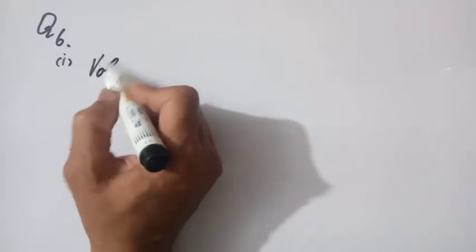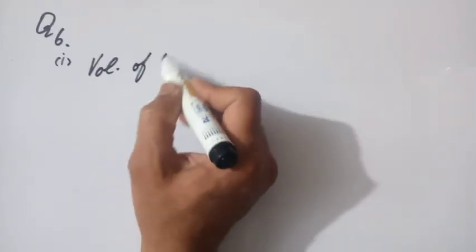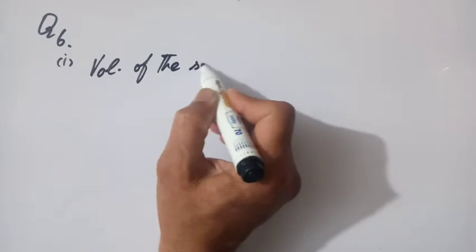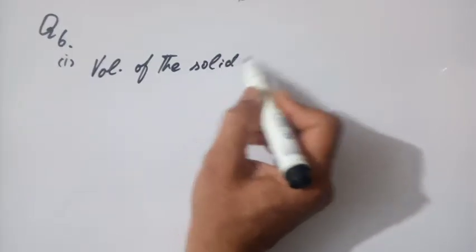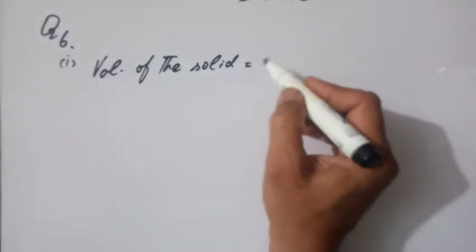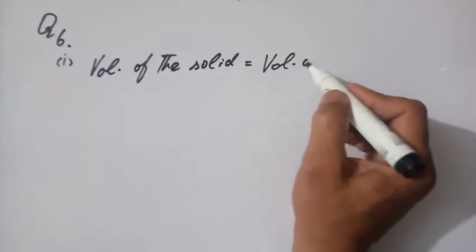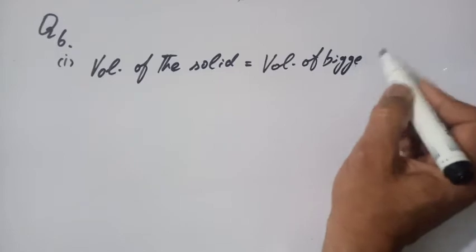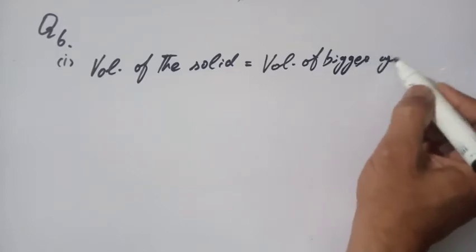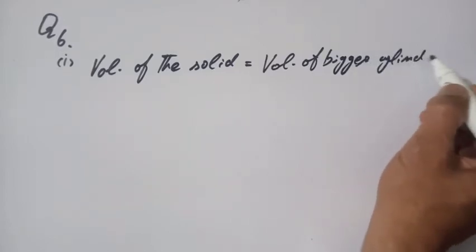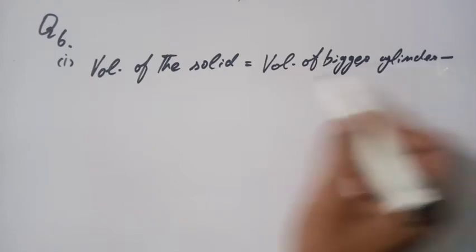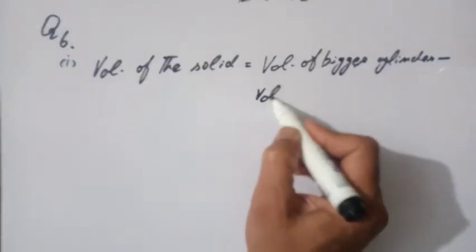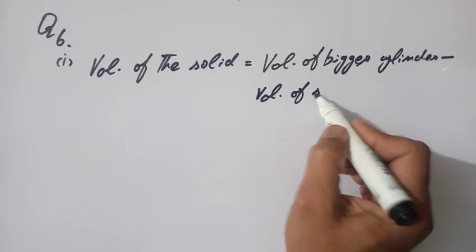Now part 1, volume of the solid is equal to volume of bigger cylinder minus volume of smaller cylinder.